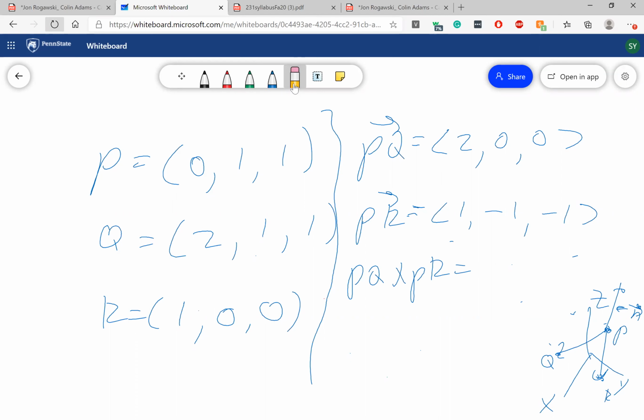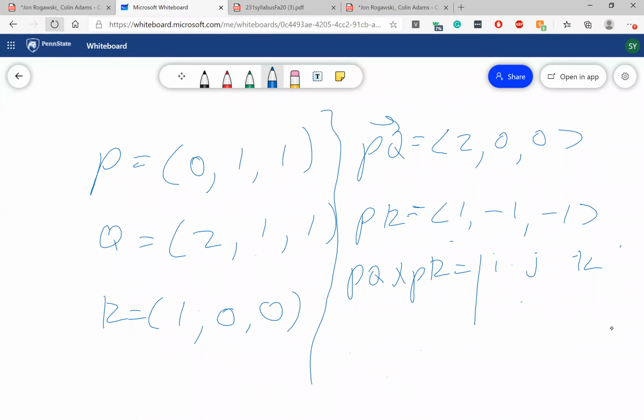So that's going to be equal to the determinant with i, j, k, and then 2, 0, 0, 1, negative 1, negative 1. And then this is going to be equal to i times the matrix, which is going to get us to 0.